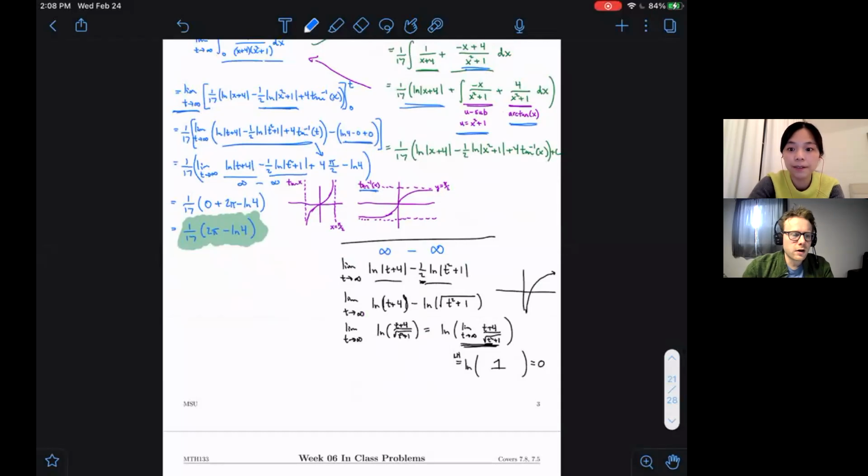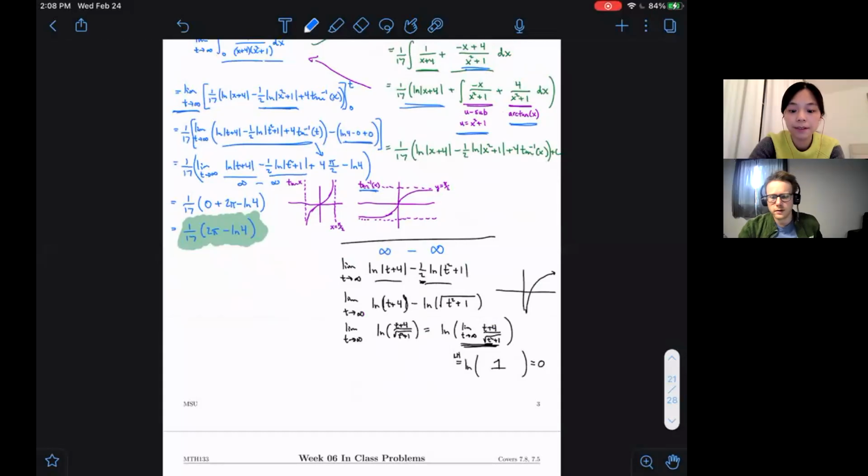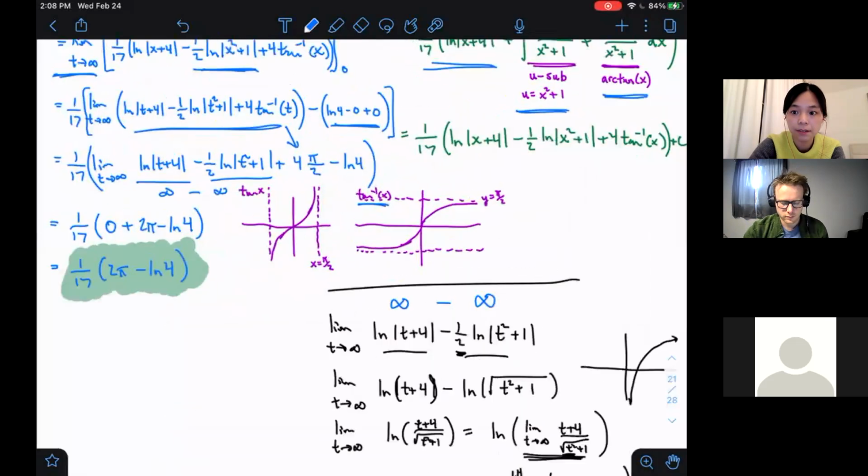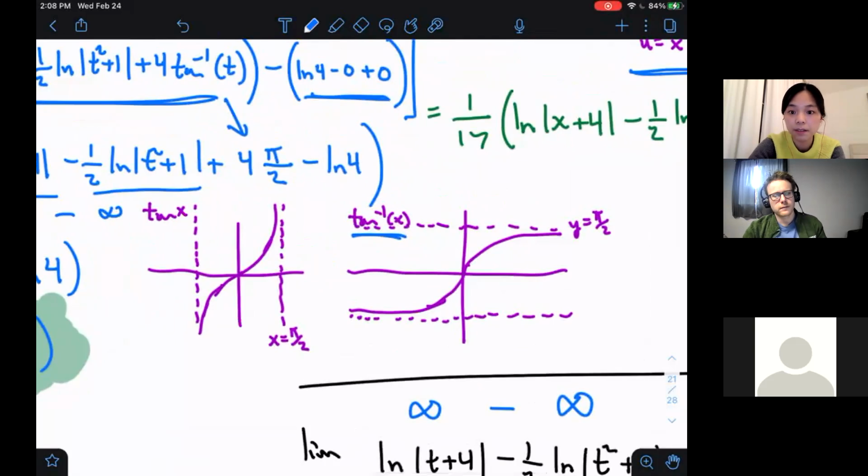Let's go ahead and call on Lucy. You have the floor. Yeah, so I don't understand. When you graphed it and you got that t approaches pi over 2, why didn't you plug that in for t? I'm just confused why you plugged in infinity instead of pi over 2.